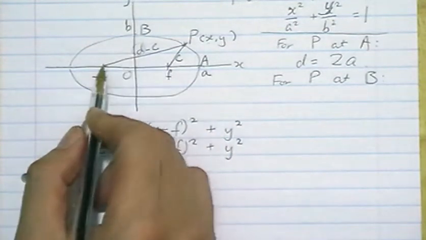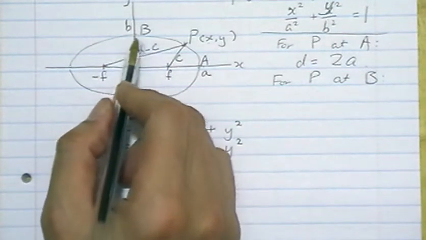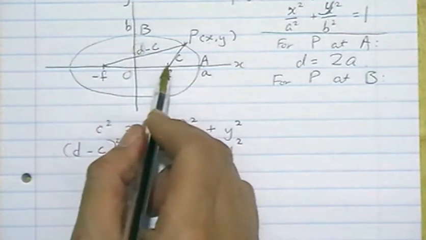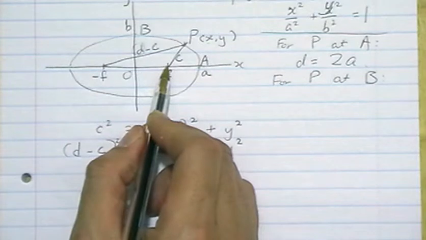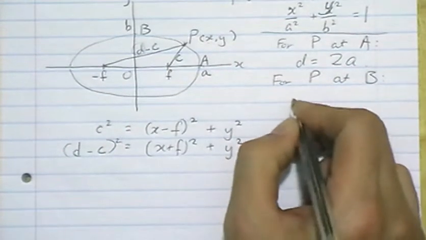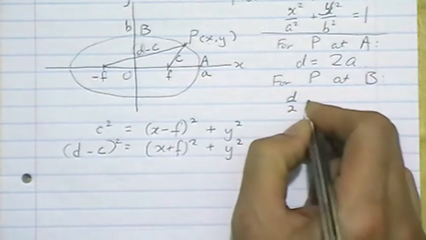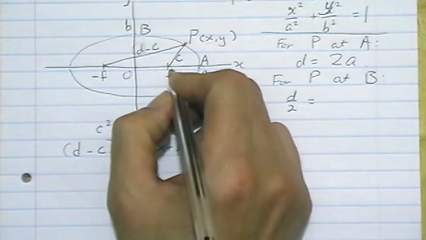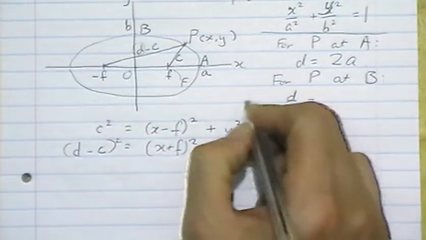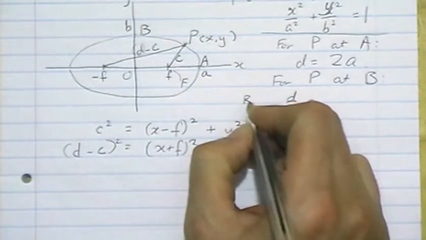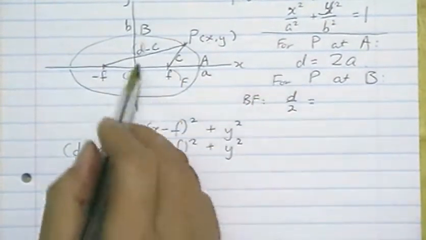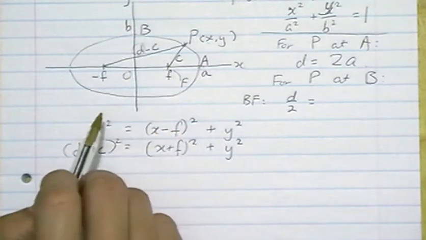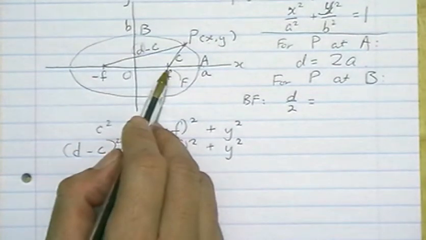Therefore the distance from B to, say, if I call that point F, this would be BF, is D over 2.